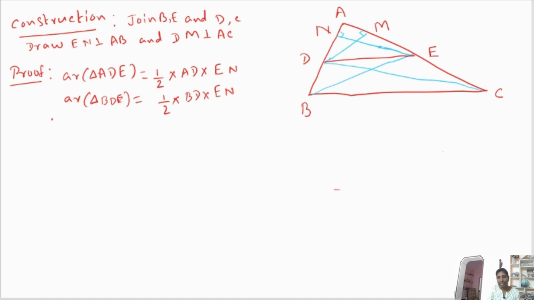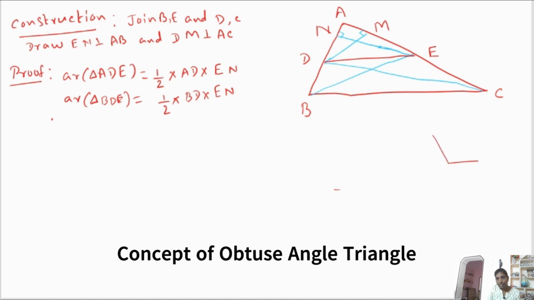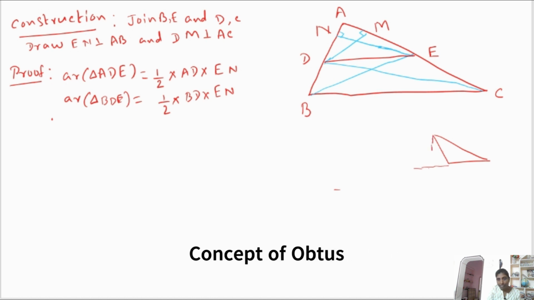Do you remember in your junior classes you have learned that if it is an obtuse angle triangle, this angle is obtuse. For this triangle, suppose it is the base, then what is the height for this base? So extend this base, then draw a perpendicular from this vertex.